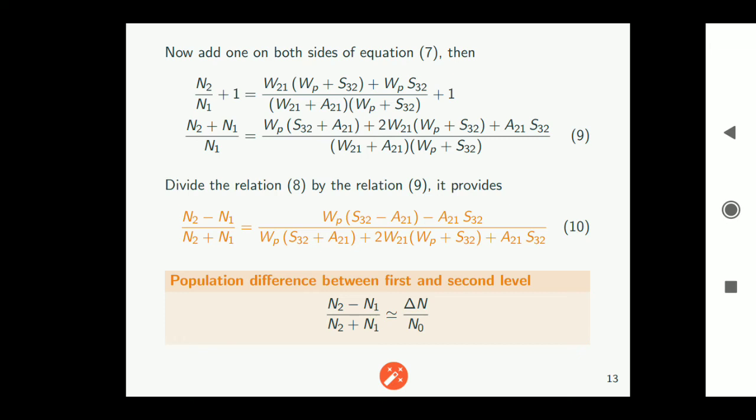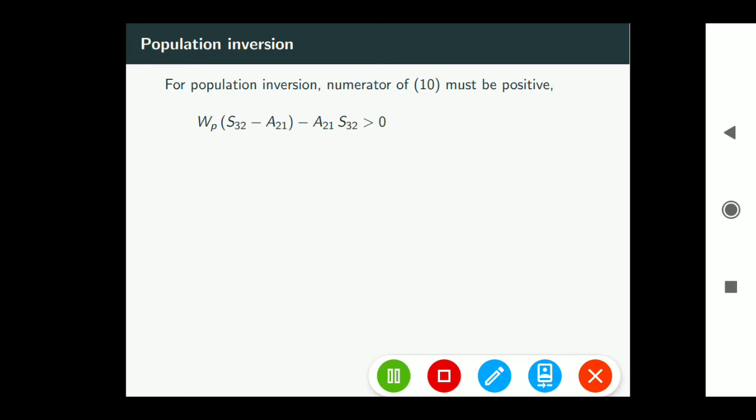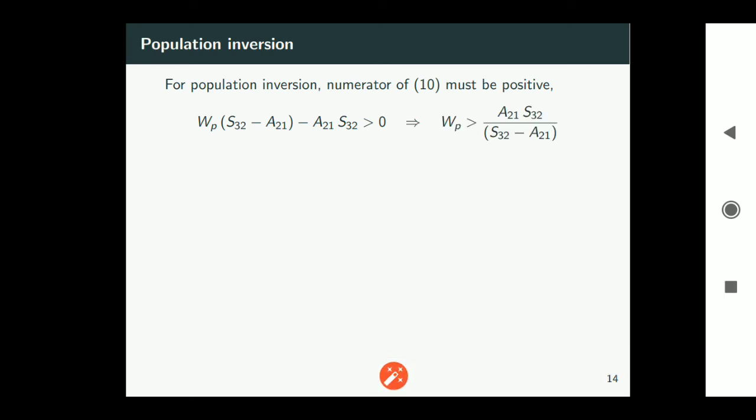Only if it is more than 0, then we say that the system has achieved population inversion. So we can solve for the population inversion. Then, rewriting for the population inversion condition, we get this expression from the previous expression.